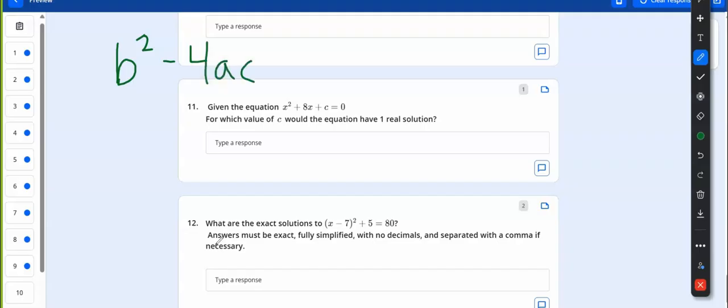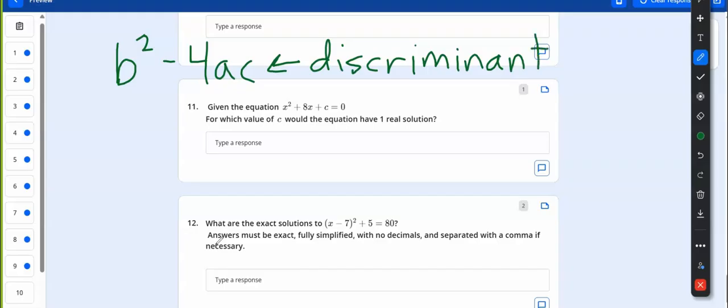Do you remember this thing called the discriminant? It's the part under the radical in the quadratic formula. Do you remember the quadratic formula? Okay, so this thing sits under the radical. It's called the discriminant, b squared minus 4ac.